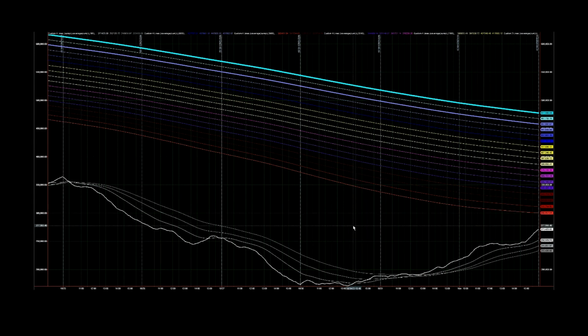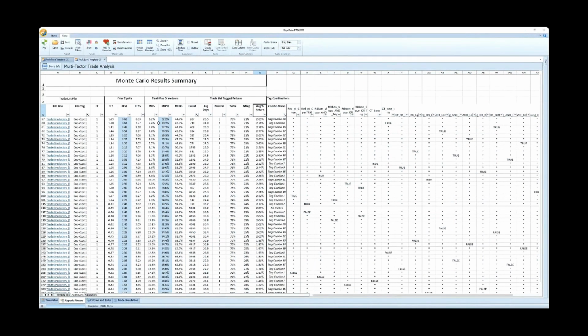And this was also the same time where we had started our discussions with a company called EdgeRater. And EdgeRater is a company that allows you to do all sorts of different types of back testing and Monte Carlo analysis, and do all sorts of different things with data.